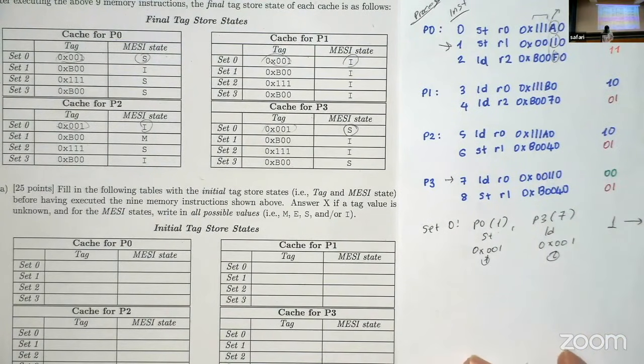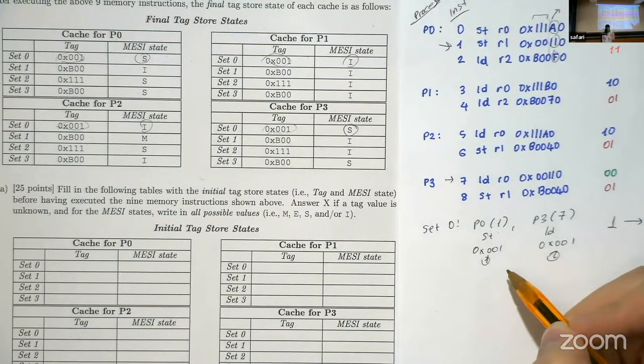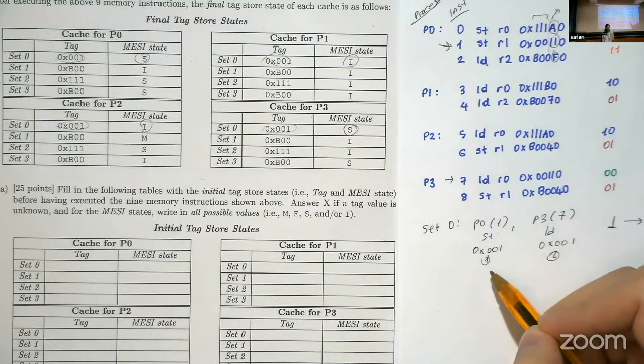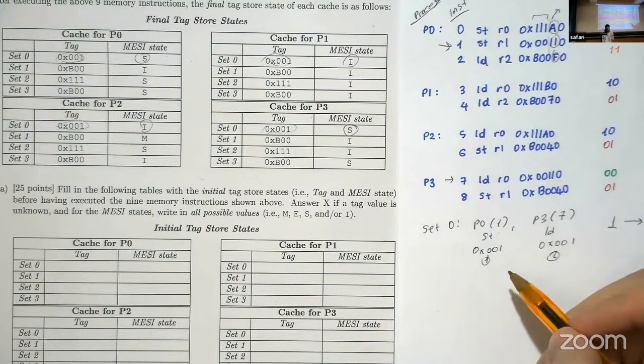And when we think about the initial states, P0 and P3 both had something to do with these. Basically, they brought these cache blocks into their caches. So we don't know what the initial state was for them because it would be replaced anyway, right?